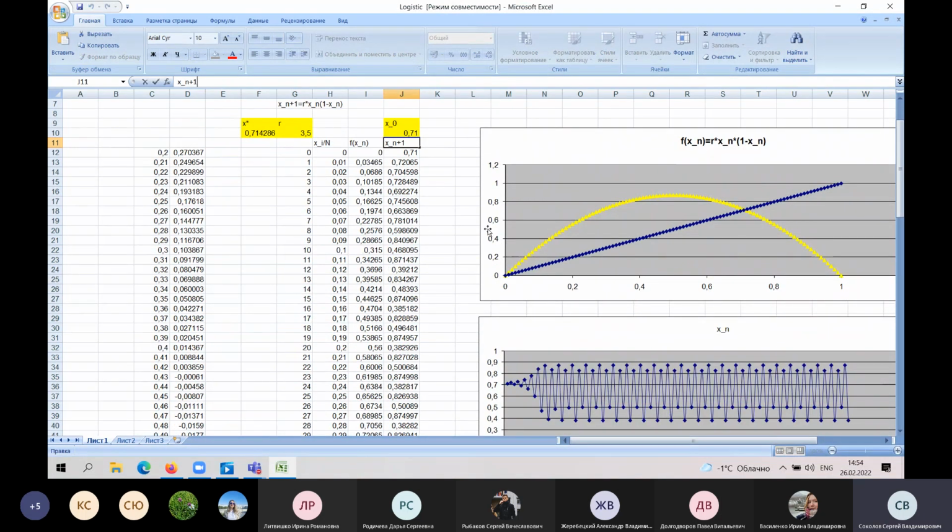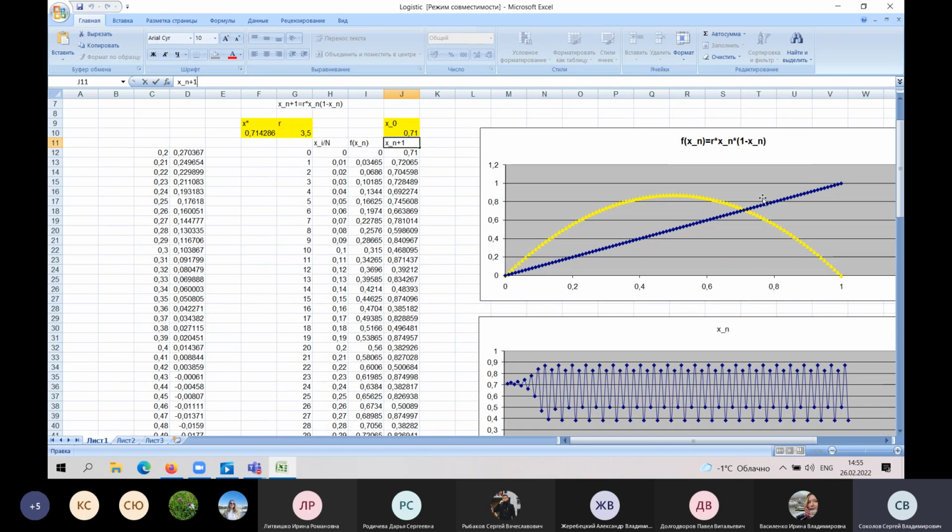Okay, another model close to the previous one. Well, I'm sorry. It is the picture.